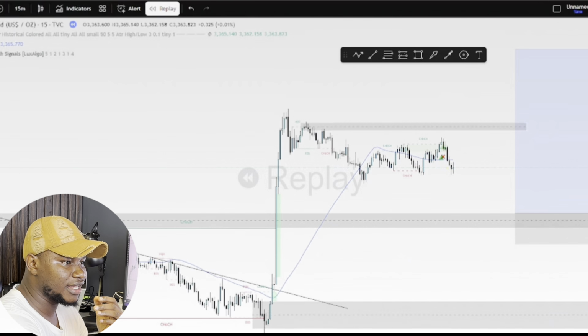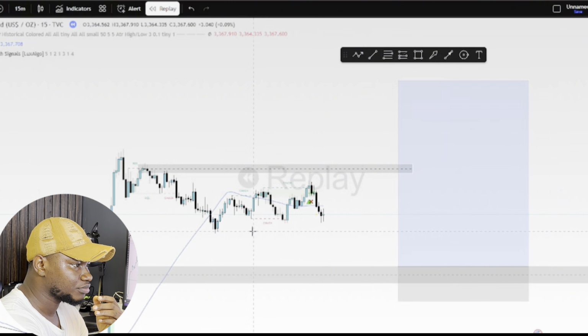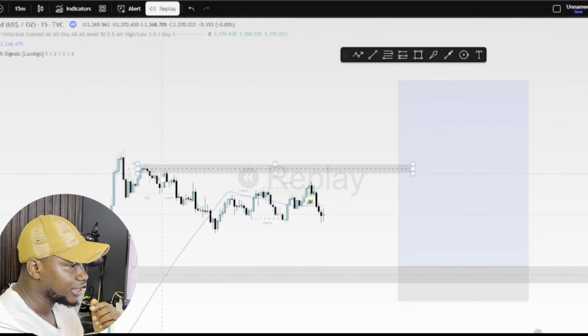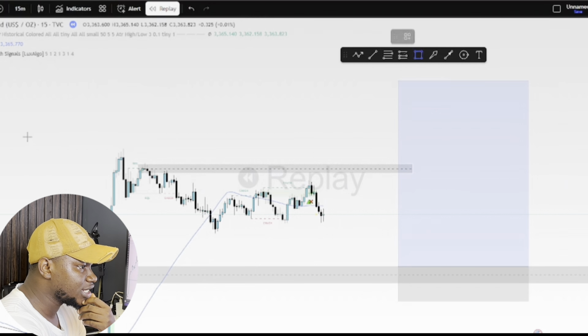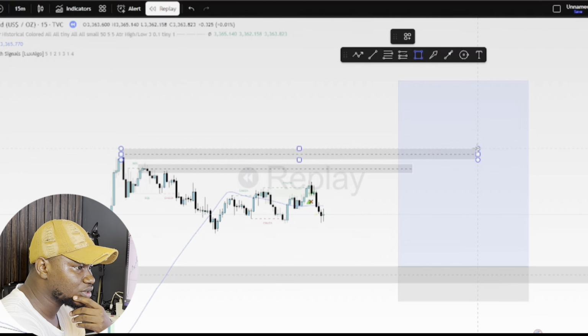Right here we have a block, and then outside that we still have another block showing around here, which are all points of interest.